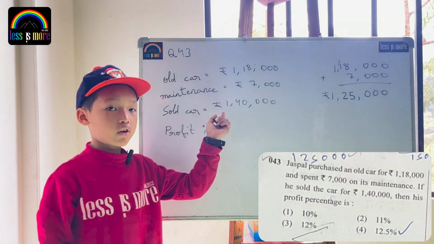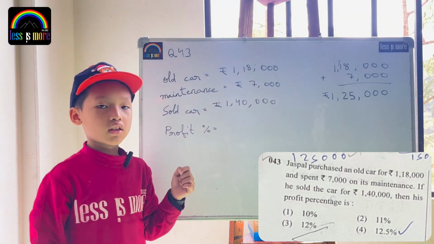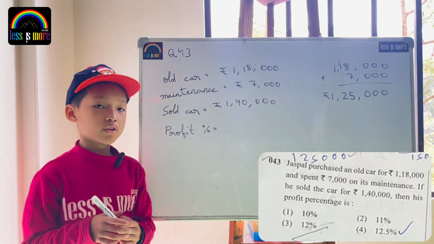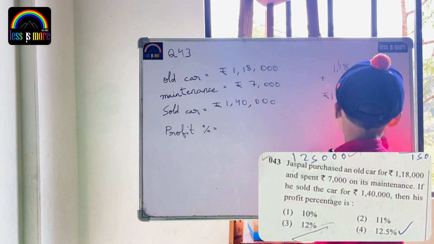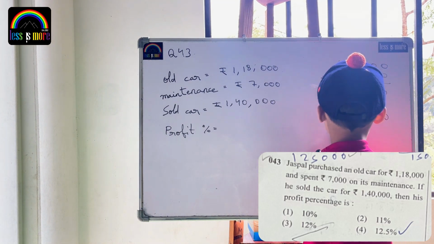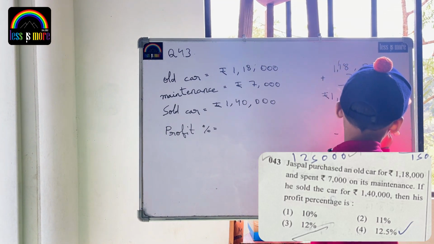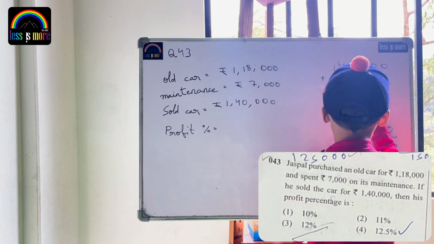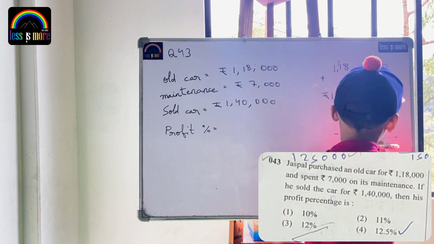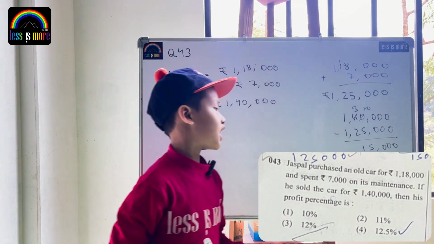And he sold the car for rupees 1,40,000. Now we are going to find the profit, but not the profit percentage. The profit will be 15,000.